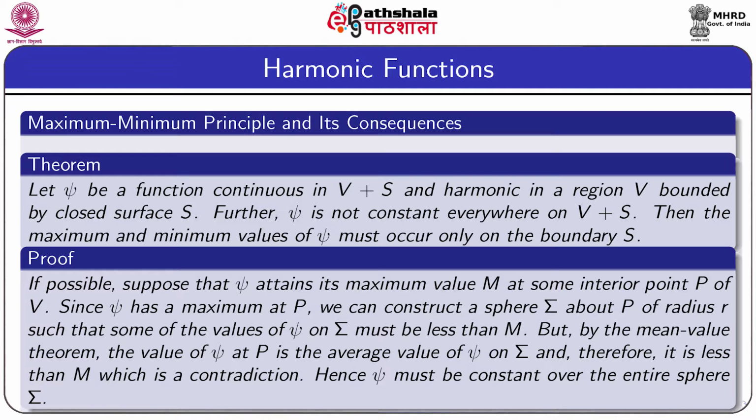Since this is a local maximum of psi, now again using the mean value theorem, the value of psi at P is the spherical average value of psi on sigma, and therefore its spherical average is less than M. So, it contradicts the fact that it will have the same value as it has at the point P. Hence, psi must be constant over the entire sphere sigma.